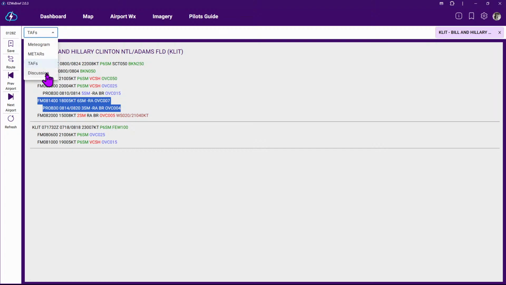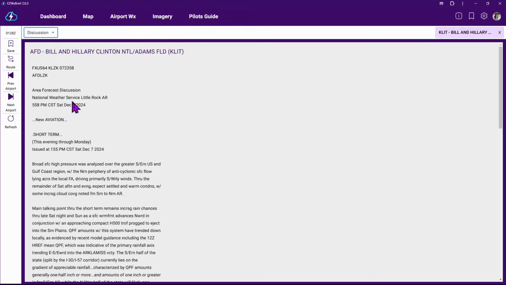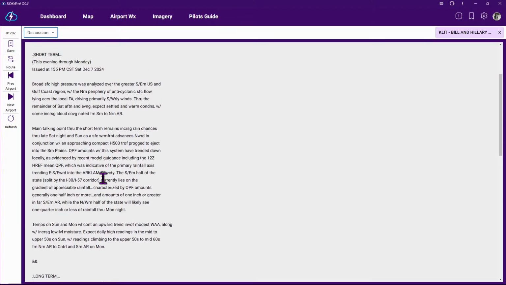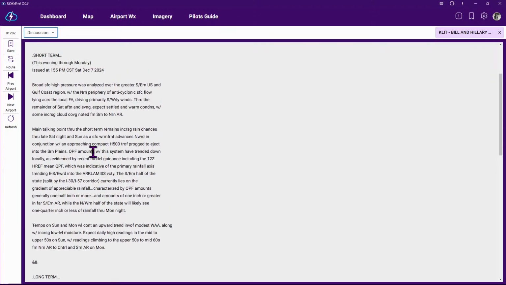We could also look at the forecast discussion, available in several different places. I like to read through this after I've gone through and looked at that big weather picture. This says a broad surface high pressure was analyzed over the greater southern and eastern U.S. and Gulf coastal region, with the northern periphery of an anticyclone lying across the local forecast area, driving primarily southwesterly winds.